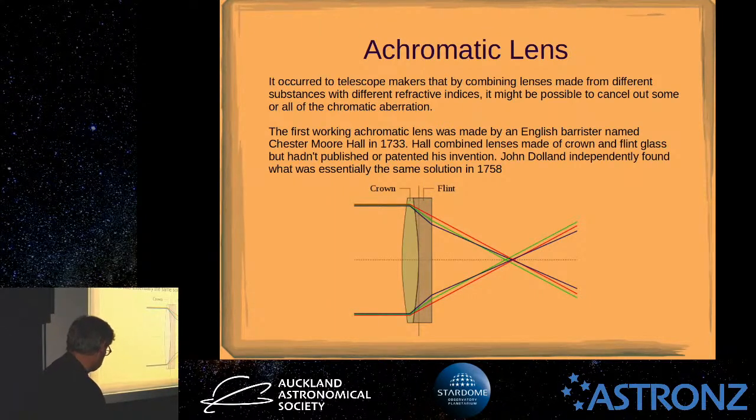Unfortunately, you can't get all of them to the same focus, so if you buy a standard refractor, usually a visual one, you'll see on really bright things there'll be a purple fringing, the out of focus purple end of the spectrum, which is where they normally design visual refractors. So a couple of people invented this idea independently, Chester Moore Hall and John Dollond, and that was way back in the 18th century.